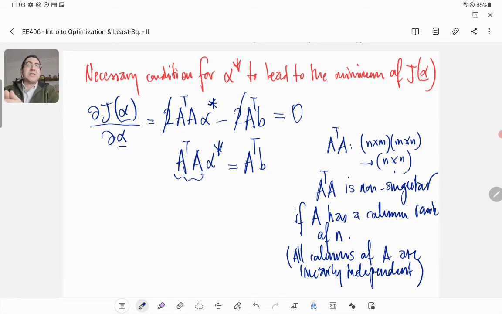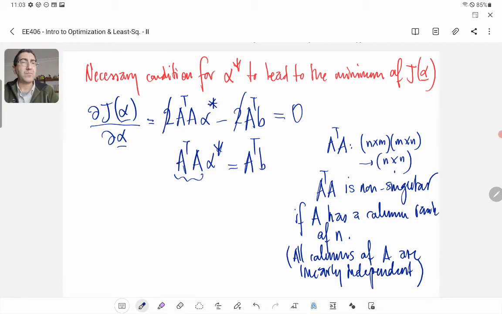It means that you have at least, for example, for a line fitting problem with two variables, at least two data points that are not collapsed to each other. If you have two x's being the same, then you have the column rank of A being 1 instead of 2, and you basically have infinitely many solutions. You cannot in that case have a non-singular A transpose A.